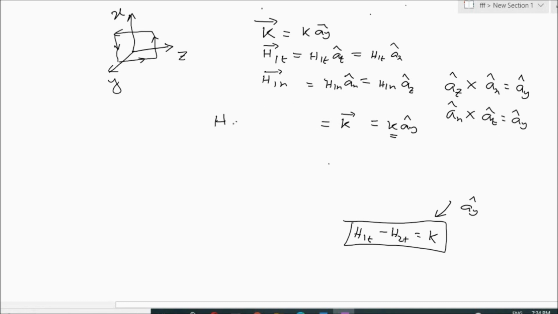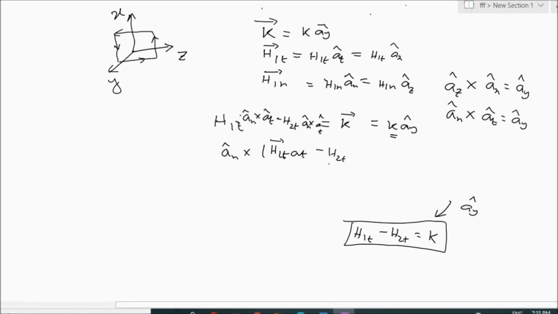So on the right hand side I write ay, and on the left hand side I will write an cross at. For H1T, I write an cross at, and for H2T, I write an cross at.